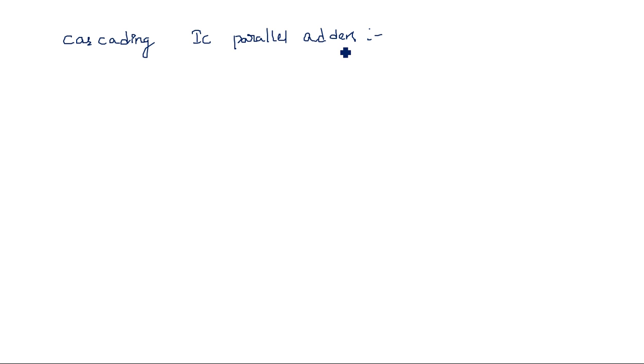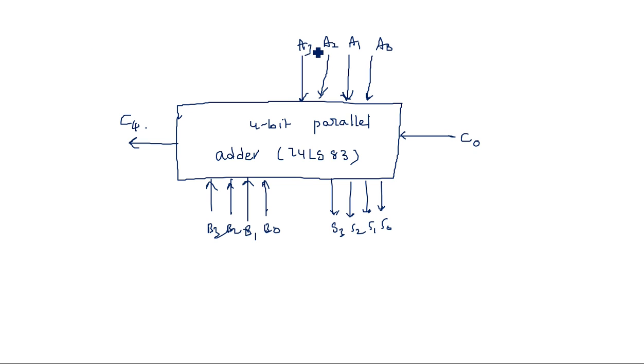Later, I showed you the delay in the 4-bit parallel adder, the ripple carry adder. As the carry is propagated from one stage to another, the delay increases with the number of stages. That's why we have already seen the look ahead carry adder, which reduces the delay by generating the carries in the beginning itself. Such an amendment is there in the 4-bit parallel adder 74LS83, so it does not have the delay of a ripple carry adder. That is another important point I will write here.